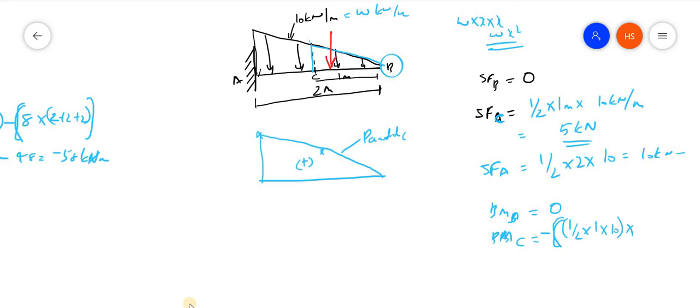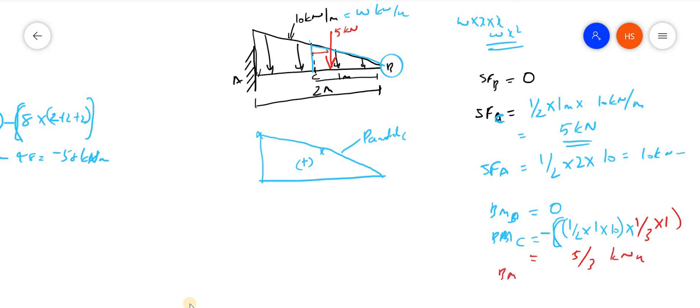This load, half into 1 into 10, that is 5 kilonewton, will be acting here. So what is the distance? The centroid is at 1/3 of this height, that is 1/3 into 1. So we will be getting 5/3 kilonewton meter.